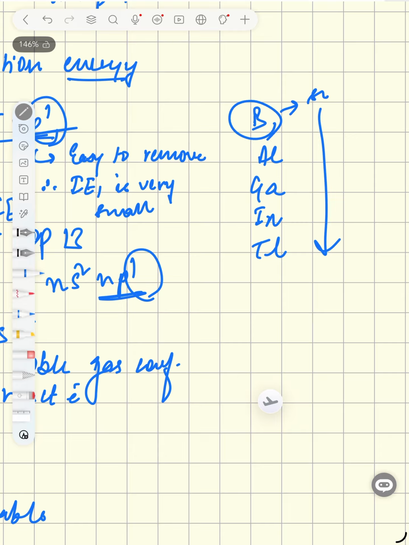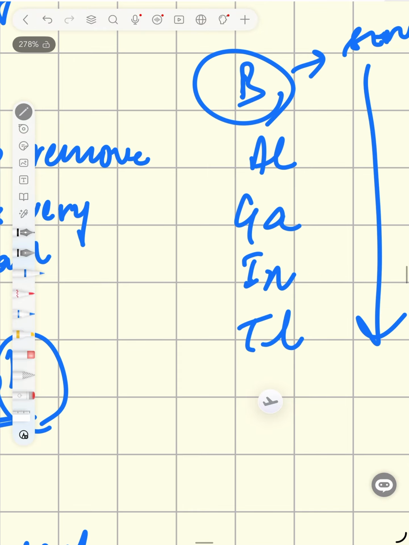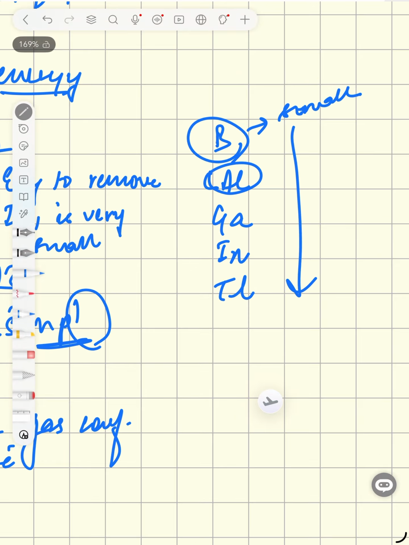Boron is the smallest in the group. Then aluminium's size is greater than that of boron, therefore it has a smaller ionization energy as compared to boron. But here is an exception.